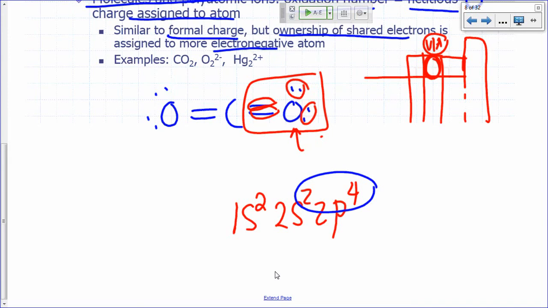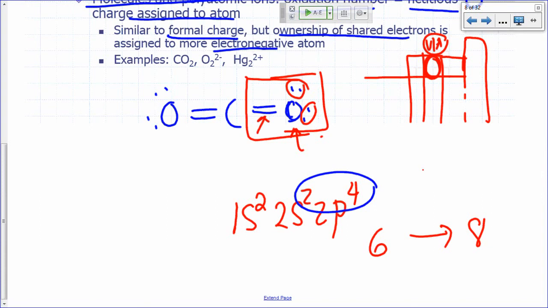We say it appears to own 8 because we're going to make the assumption, for purposes of calculating oxidation number, that you assign ownership of shared electrons to the more electronegative atom. So even though this double bond is shared between carbon and oxygen, we're going to assign ownership of that to oxygen. So from 6 in a neutral atom to 8 in the structure as drawn here, it appears to have gained 2 electrons.